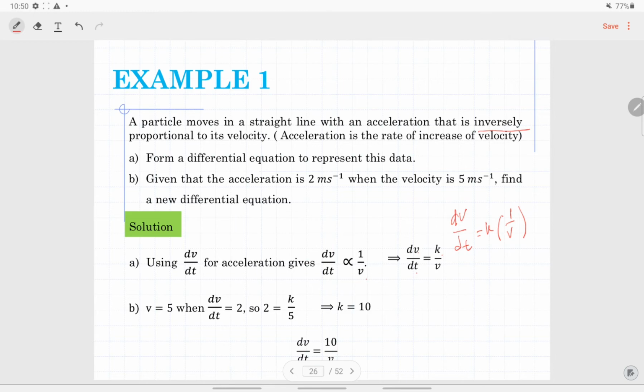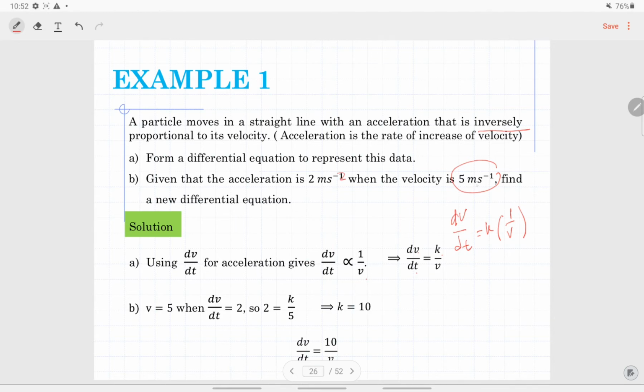Okay, part b: given that the acceleration is 2 ms to the power of negative 1 when the velocity is 5 ms to the power of negative 1, find a new differential equation. Wait, I think acceleration is ms to the power of negative 2, right?